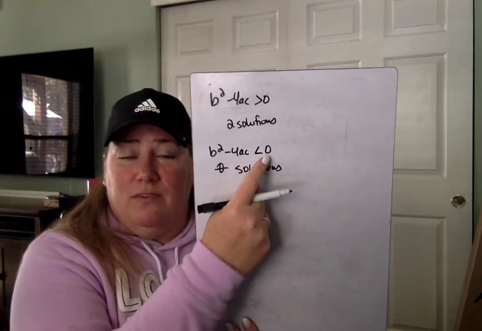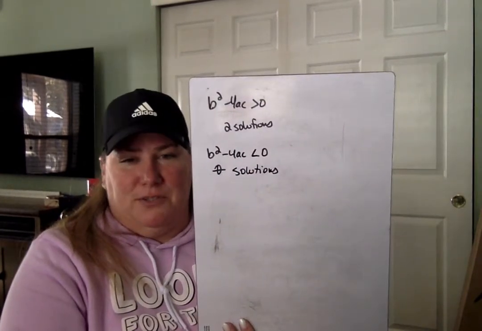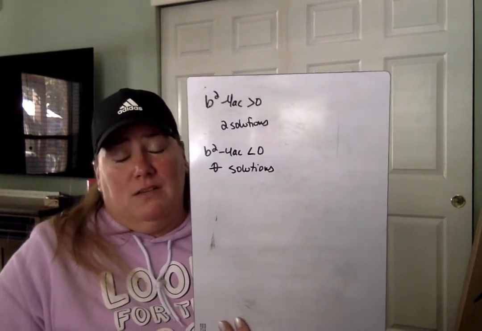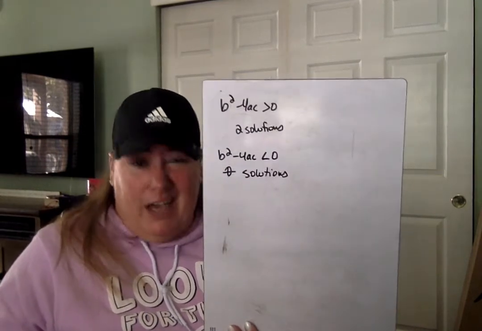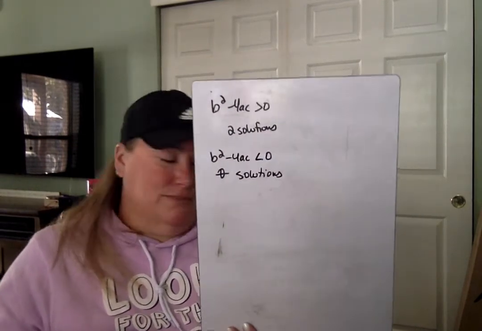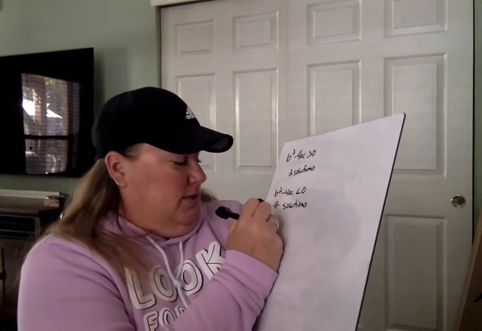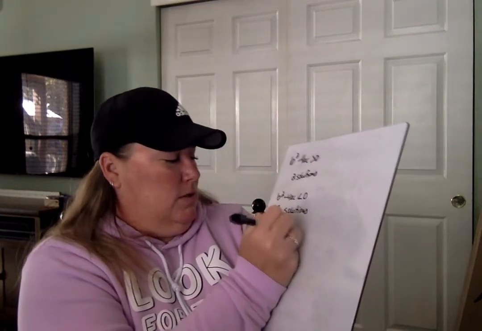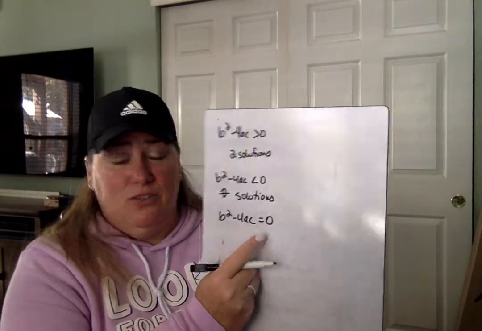So if the discriminant is less than 0, you have 0 solutions. So basically, if the discriminant is negative, you get 0 solutions. And if the discriminant equals 0, if it actually is 0, then you have 1 solution.